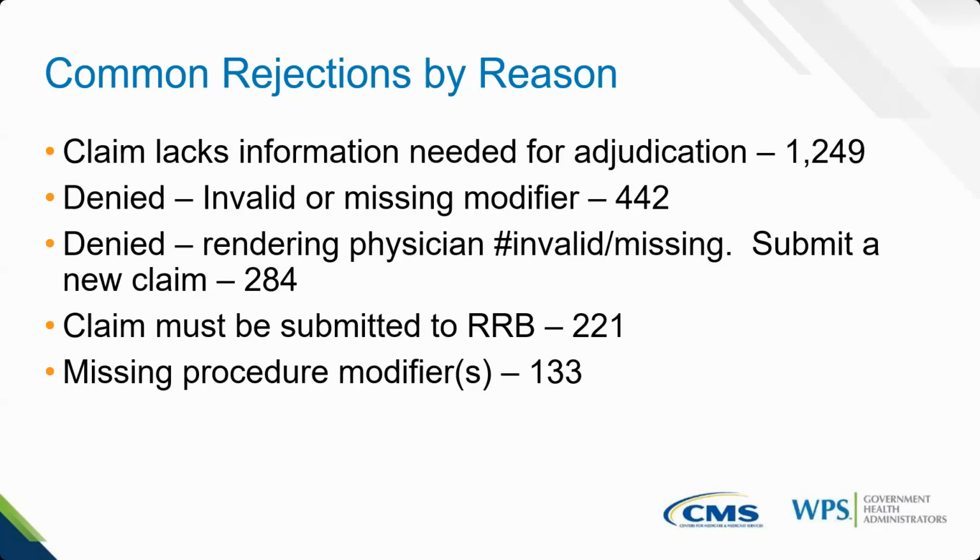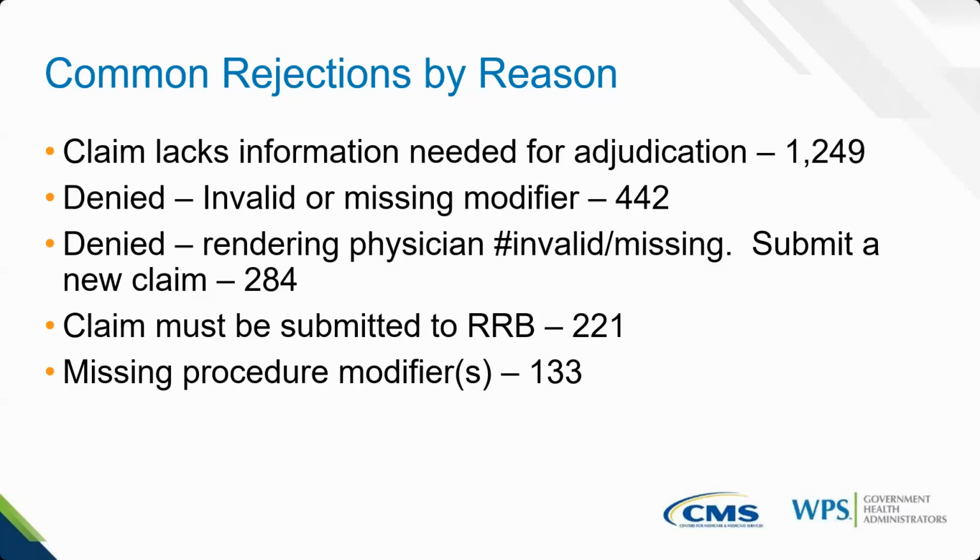One of the resources that I've provided, listed on a later slide in this presentation, is a directory that CMS has available on their website that includes physicians that can order or render services for Medicare beneficiaries, and identifier information is also available in that resource.